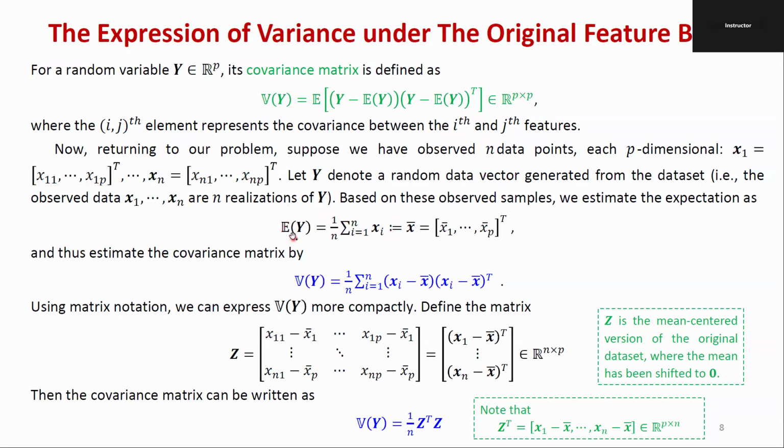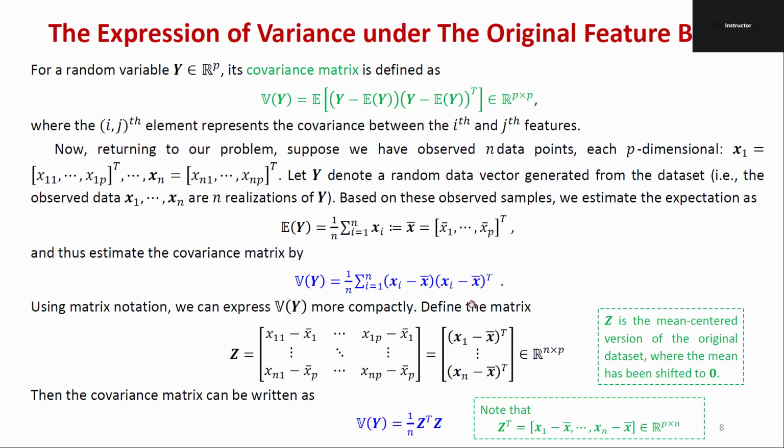Then I simply use that definition again, because on the outside there's another expectation. So again, I have n points, so it's another 1 over n, then xi minus xi bar, where xi bar is nothing but the mean of all this data. Then you can compute the Vy, which is the covariance matrix based on the original feature basis.